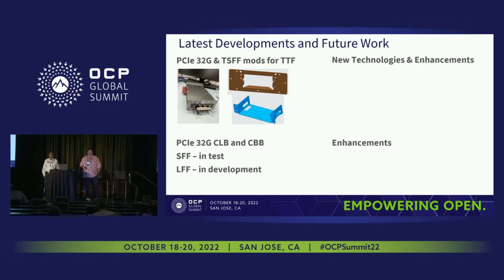The large form factor, as Damien has said, we don't have that many servers, if any, that have that. We are still going to contribute the designs for the CBB and CLB for the large form factor. I do know of at least one current development for that, and so we want to go ahead and contribute that and support it.